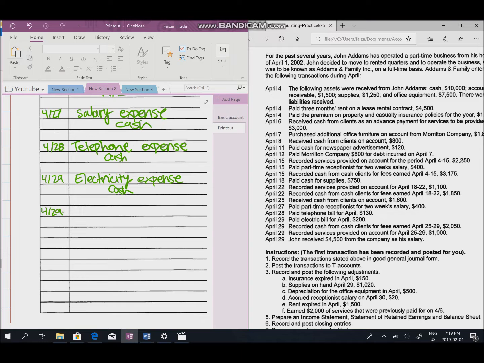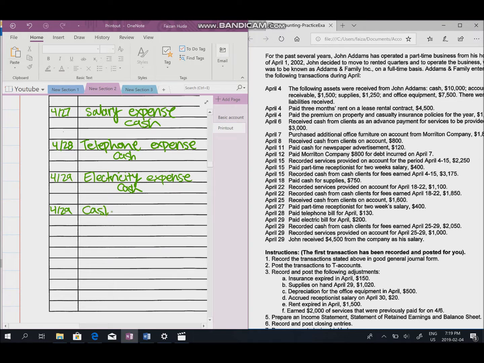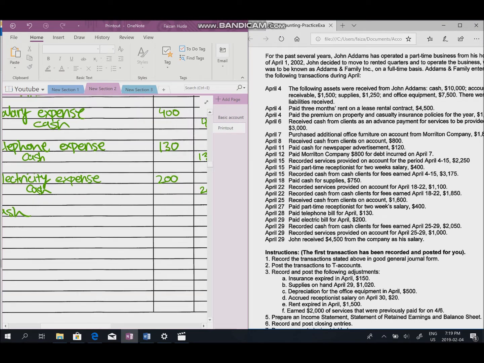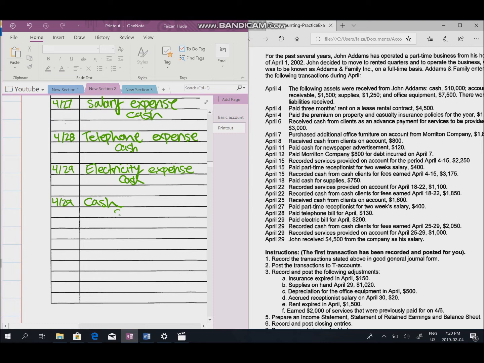Recorded cash from cash clients for fees earned April. So again, you receive cash, so your cash increases, you debit cash. And how much did we receive? 2050. And anytime, as I said before, it's fees earned, you assume it's service revenue.